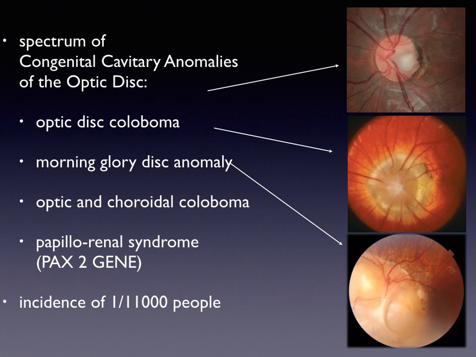You can see just a small optic disc coloboma or pit, and a larger appearance like in the morning glory disc anomaly where the optic nerve is involved at 360 degrees, or a very large coloboma involving not only the optic nerve but the surrounding tissue, mainly the choroid.